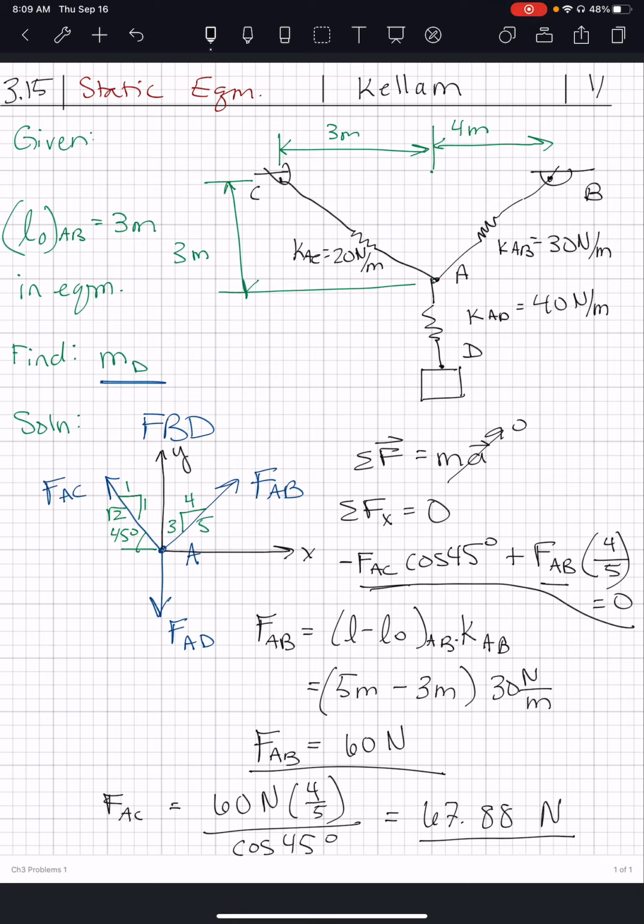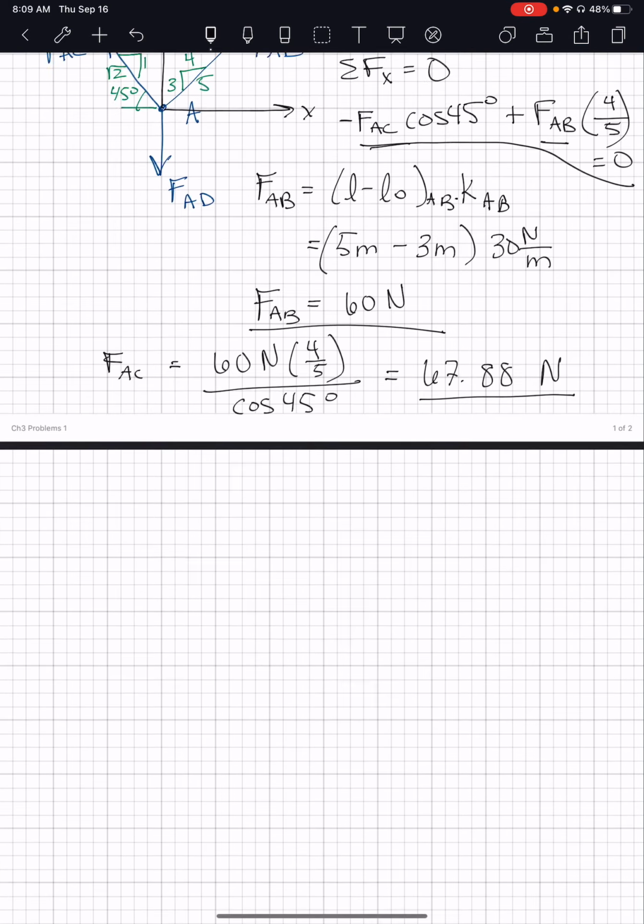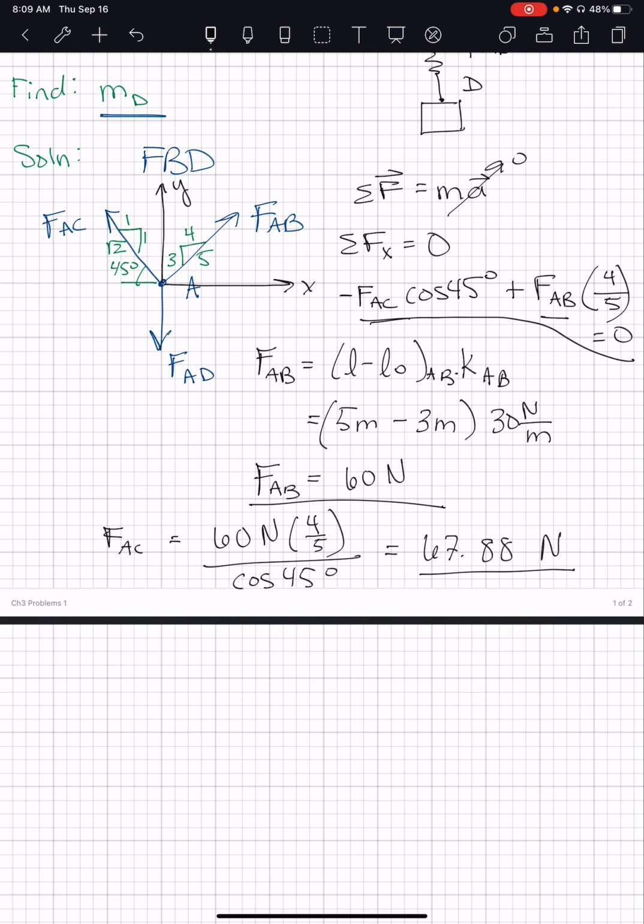Note that we did FAC times cosine of 45, but we could also do FAC times 1 over square root of 2, using that common triangle. If you remember, cosine of 45 equals 1 over square root of 2. That's just another way you can do that angle.